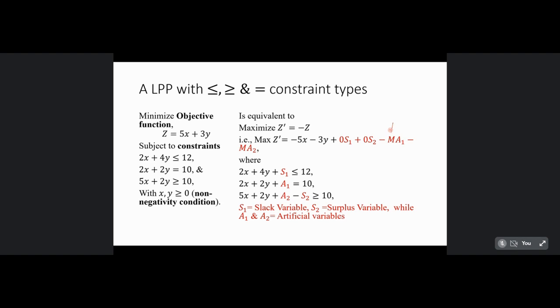M is a big positive number, so this quantity is a big negative contribution towards z dashed, so naturally the process will eliminate this thing. এইবারে the usual mathematics is done.